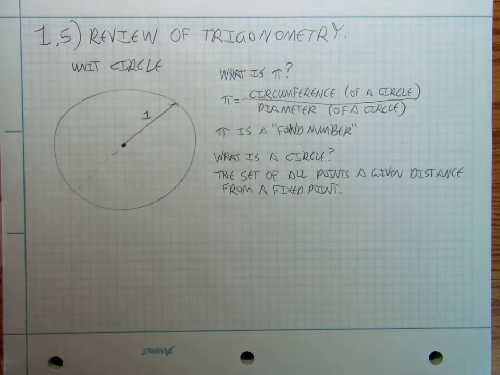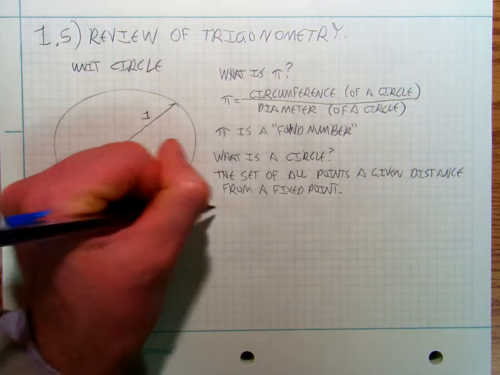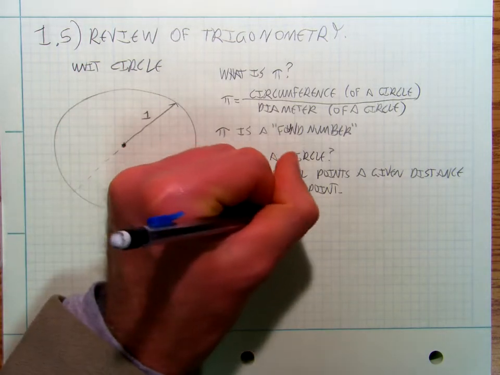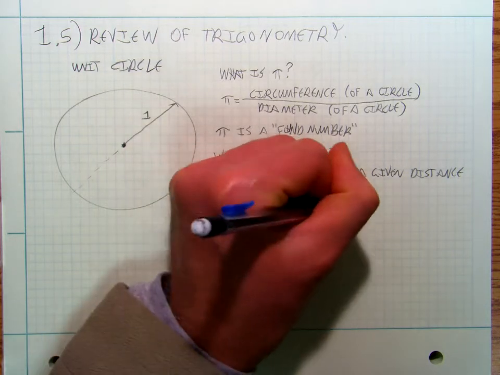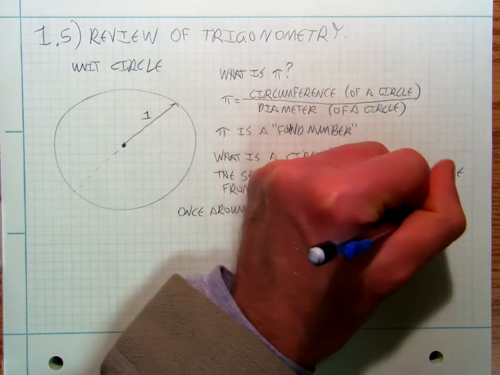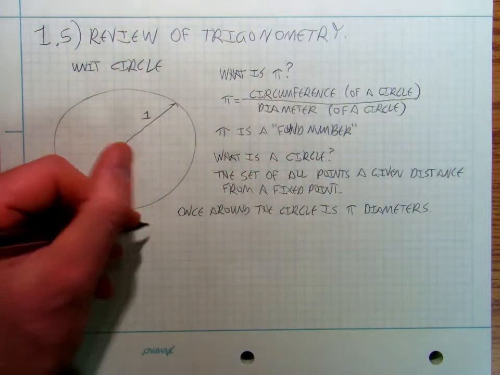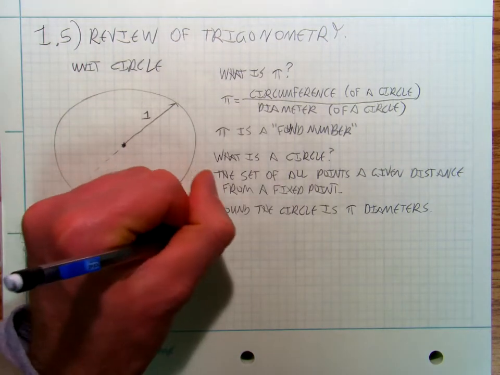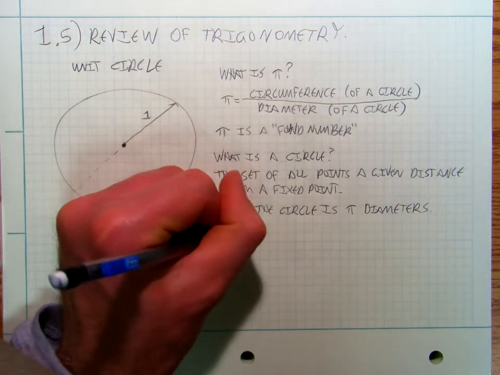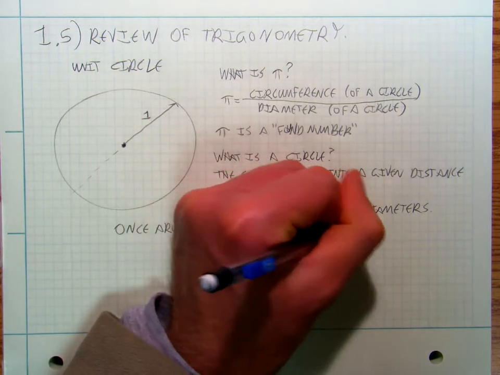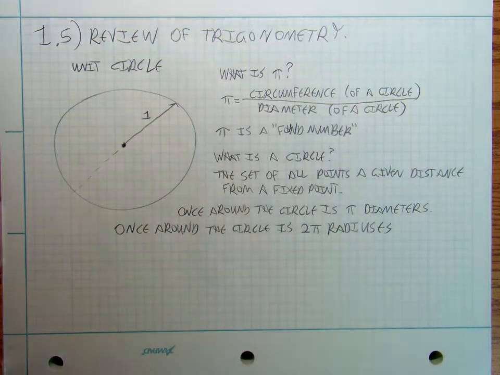Okay, so then once around the circle is pi diameters, or I can say once around the circle is 2 pi radiuses.